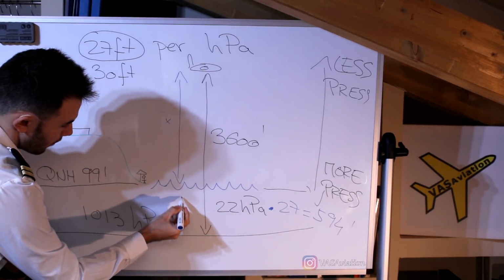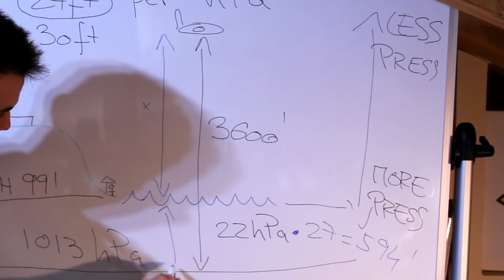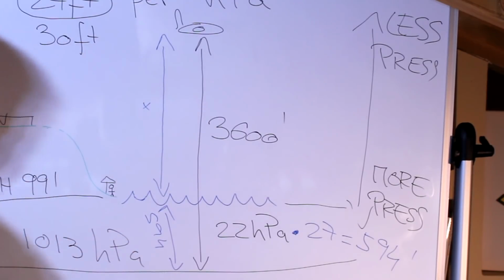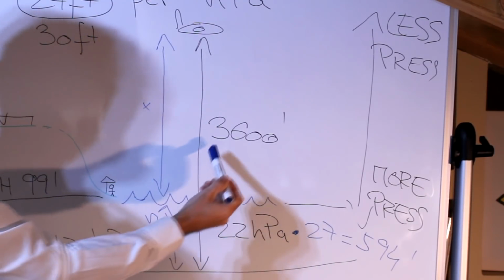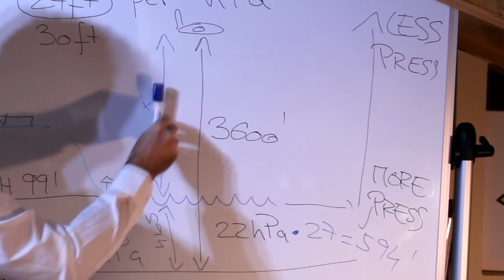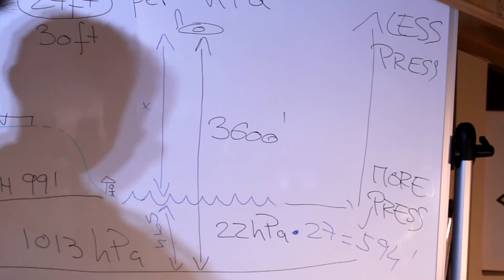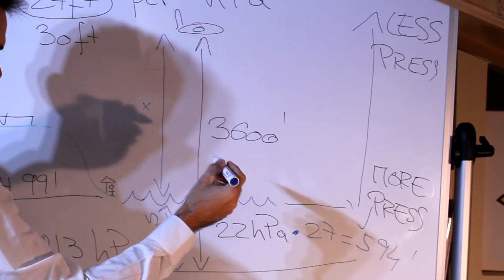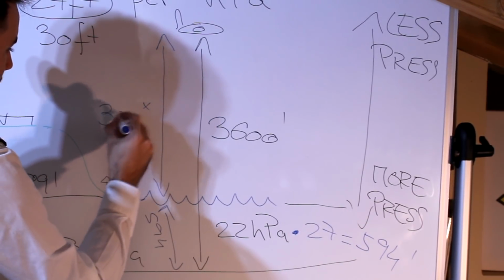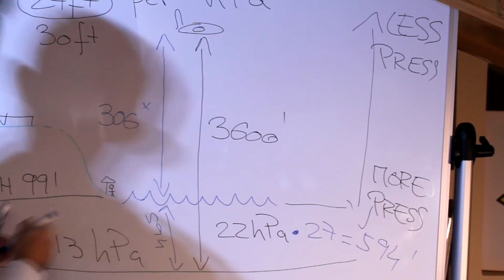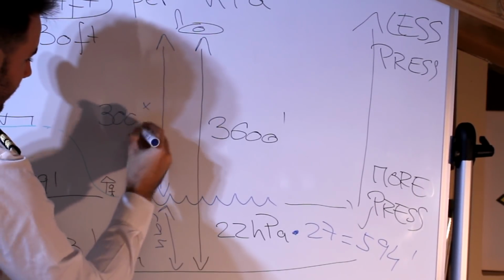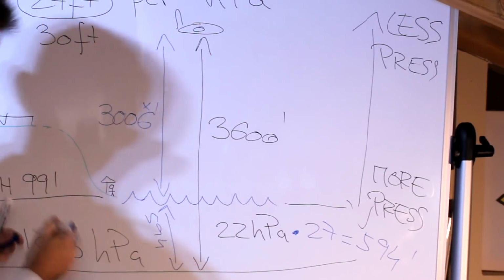So now that we know that this is 594, we can easily say that this x is 3600 minus 594, which is 3006 feet.